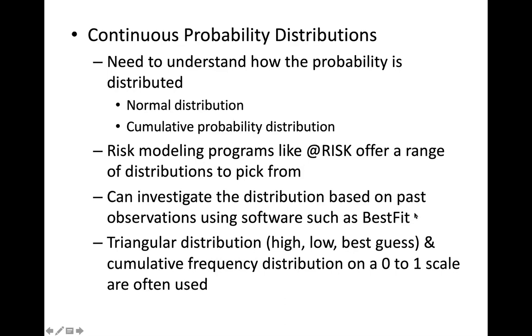A modeling program like Risk is going to just try and fit it to an existing structure. But Best Fit will actually emulate the distribution for you and allow you to pull from that distribution and plug in all those different ranges and do several runs to see what the expected net present value is.